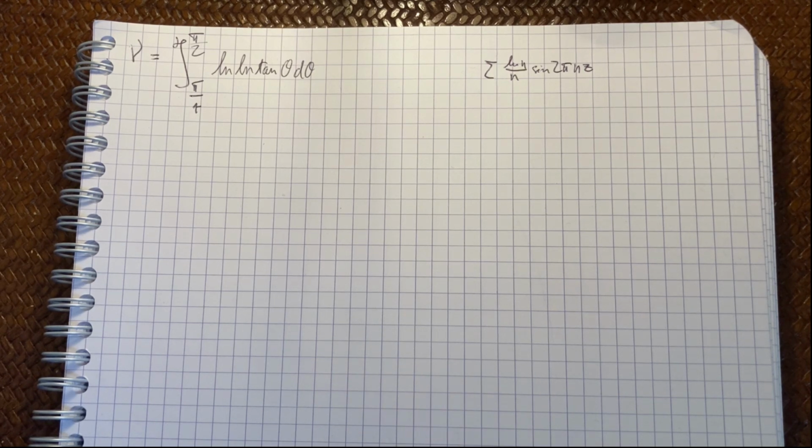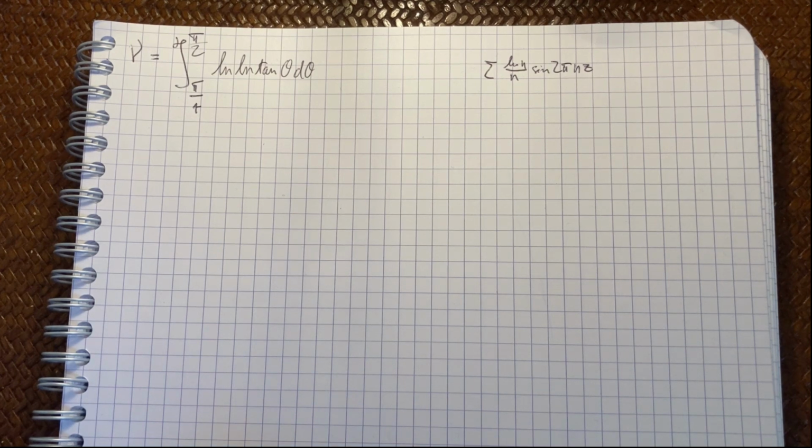That's a cheat code I don't want to use because we already saw that on other channels, so we're going to use another method to solve this integral. And this method uses Stieltjes constants and the Hurwitz zeta function.